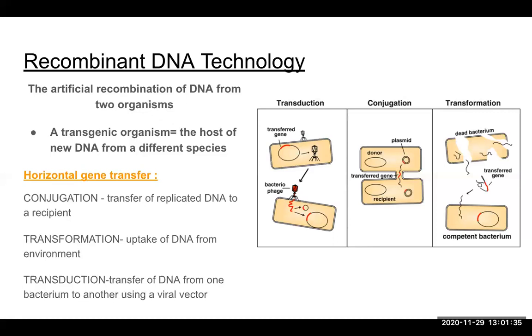And competent just means that we can culture this bacteria and have it grow colonies with the new recombinant DNA. The last type of horizontal gene transfer is transduction, and this is transfer of DNA from one bacteria to a different one, but using viruses. Next slide, please.